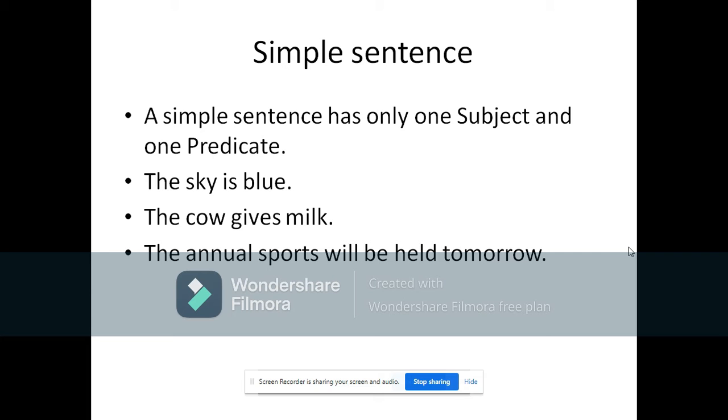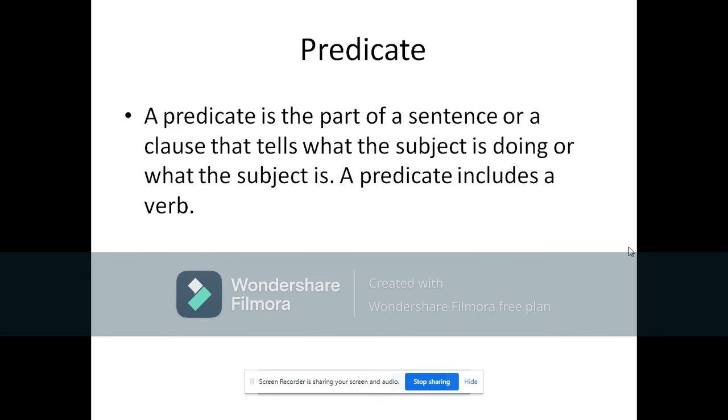A simple sentence is a sentence that has one subject and one predicate. Predicate, I already told you. A predicate is the part of a sentence or a clause that tells what the subject is doing or what the subject is. A predicate includes a verb.